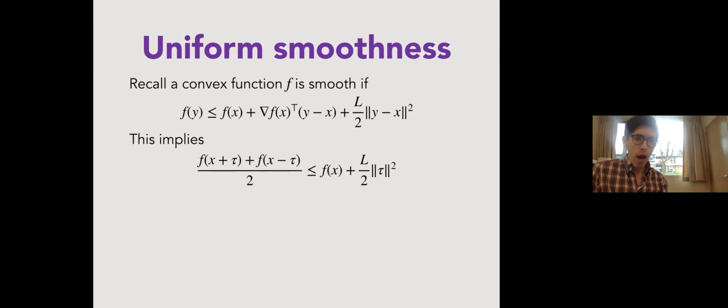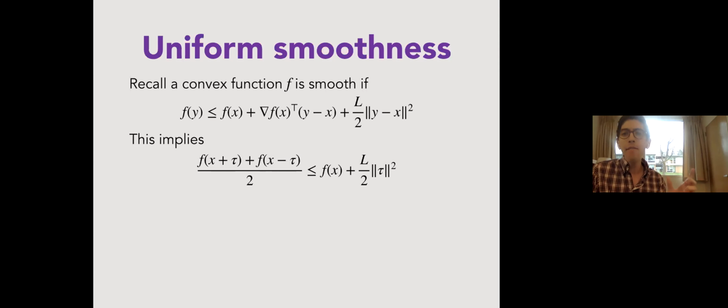If I wanted to write this in a way that just isolates the effect of this squared term, I can say that this means that for any other vector tau that I perturb x by, Jensen's inequality is tight up to an L over 2 tau squared factor.